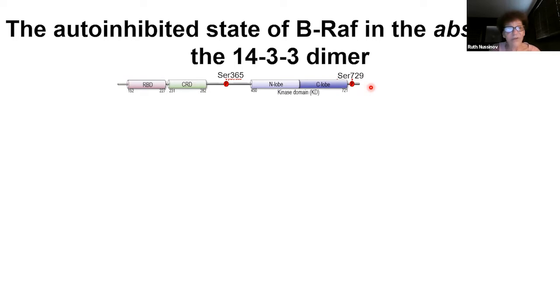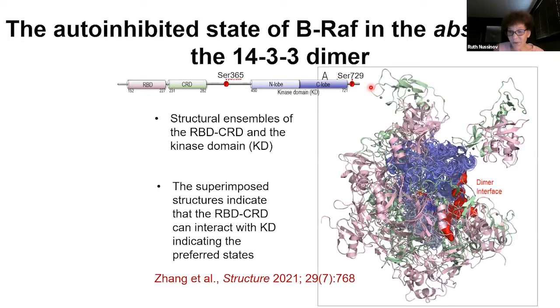But simulations, of course, can observe the more populated states. So we simulate, we see indeed that there are multiple states. We obtain ensembles, and we look here at the RAS binding domain and the cysteine rich domain. RAS binding domain, as the name implies, binds the RAS protein when the RAS is in the active GTP bound state.